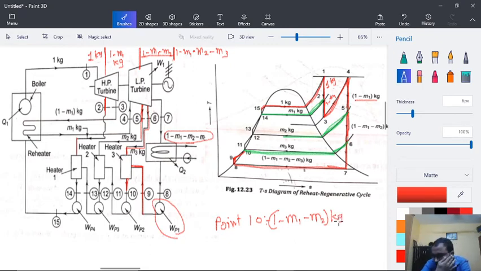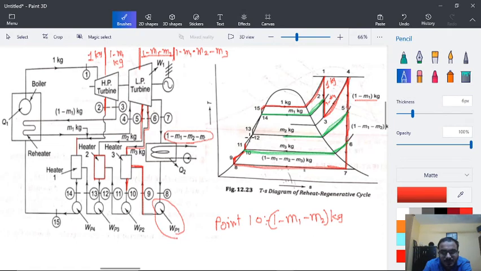Then here there is heater 2, where we are having m2 kg. So first after point 10 we are having pumping, which will take us to point number 11, and then it is here being mixed with m2 kg.